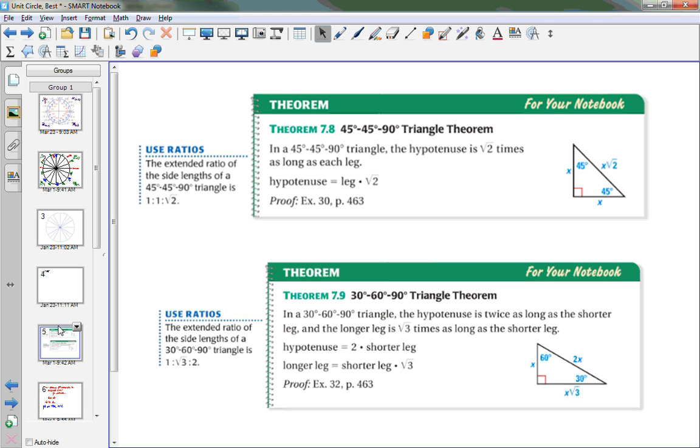Well, what is the radius of our circle? 1. 1. Okay?